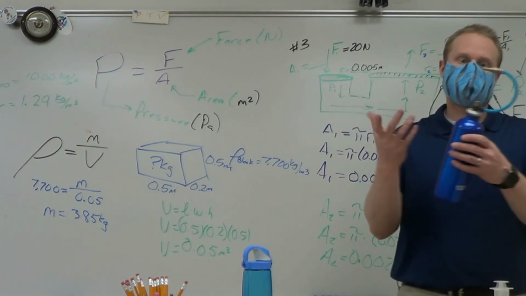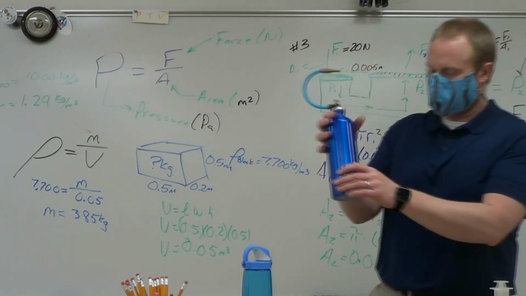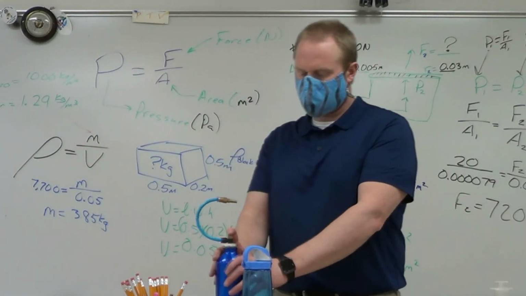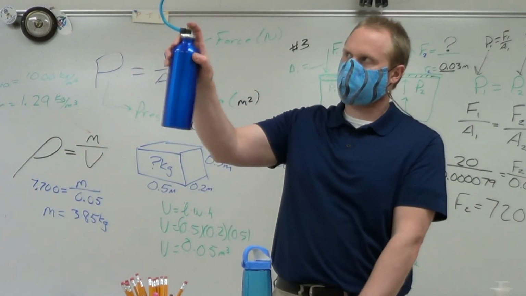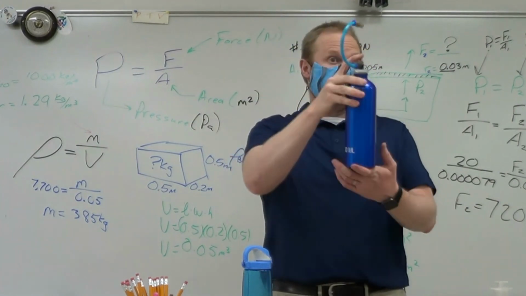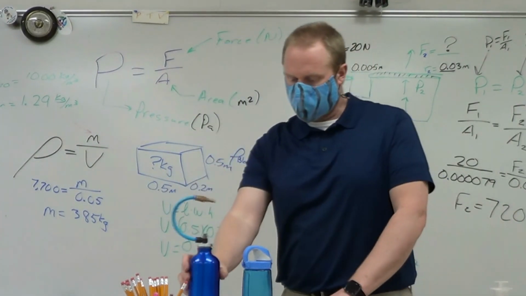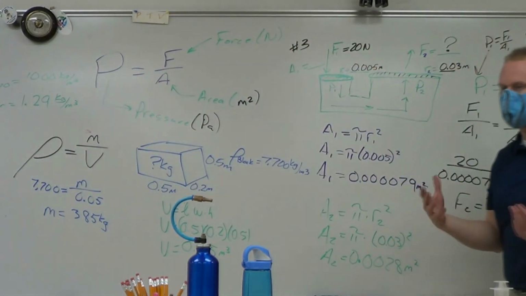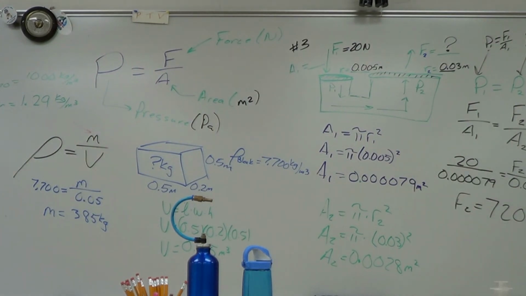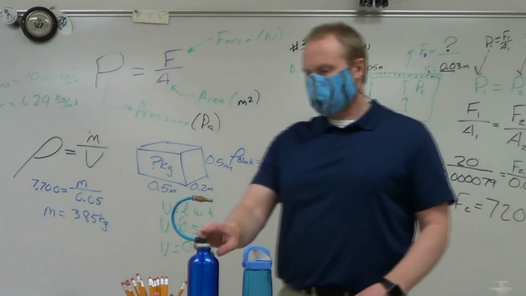If they use this, they can push this valve and open it. It's full of air right now, and you can put it on a scale and it'll have some value. So when I find the mass of that bottle, I'm finding the mass of the bottle and the air in that bottle. Then what they can do, this is a valve.